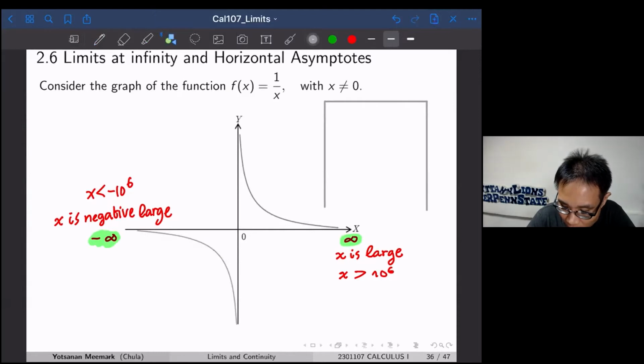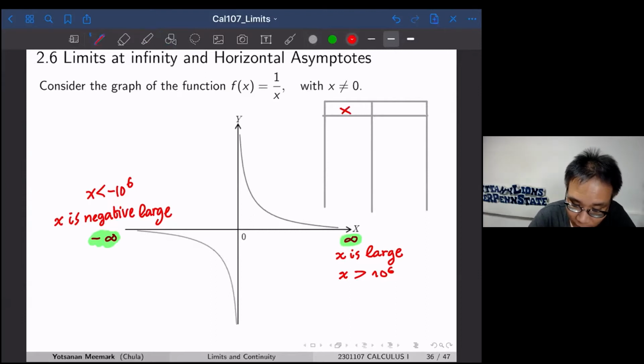If you consider this as a table, I told you before that the limit can be seen from a table. You have x and you have f(x). If x equals 10, f(x) will be 1/10. If x equals 100, it's going to be 1 over 100.